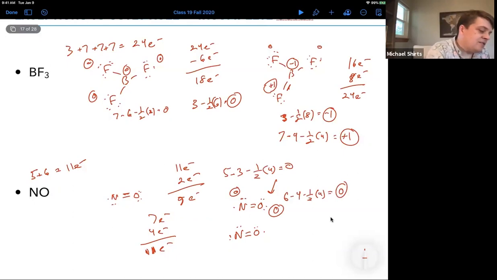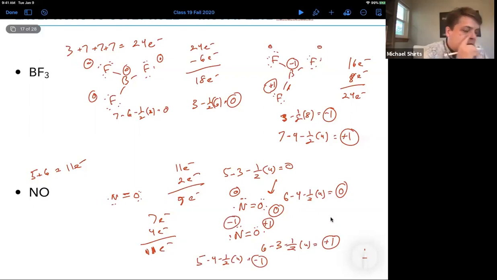Whereas if we look at the other structure, oxygen is 6 minus 3 minus 1/2 of 4, which is a +1 formal charge. Did I get that right? Yes, 6 minus 3 minus 2 is +1. And nitrogen is going to be 5 minus 4 minus 1/2 of 4 equals -1.